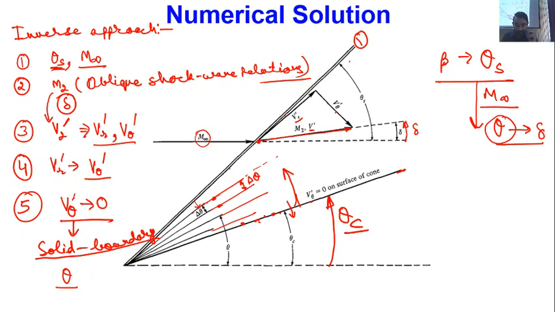But one important point is that you have to do this procedure in an iterative fashion, because one time if you do, you may get some cone angle which does not match your physical situation. Then you have to try some other value of theta s and march the solution once again.